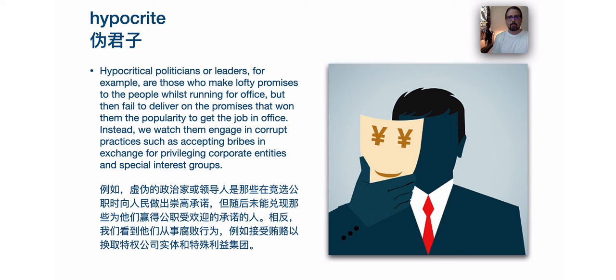Instead, we watch them engage in corrupt practices, such as accepting bribes in exchange for privileging corporate entities and special interest groups. So somebody who makes false promises and projects themselves in a positive light, but then we see them not live up to the promises, they're called hypocrites or hypocritical.